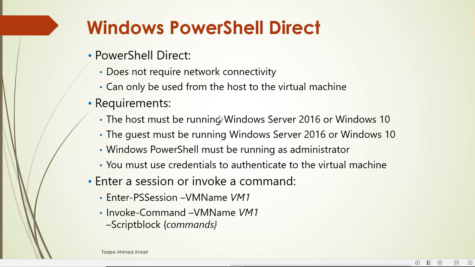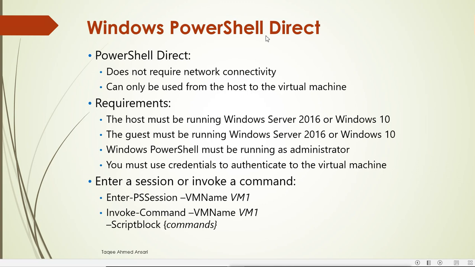This feature is new and is available in Windows Server 2016, and also in Windows 10 with the client Hyper-V. So this is the new feature in Windows Server 2016.